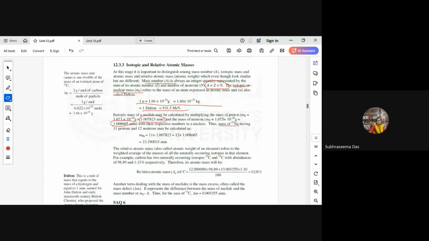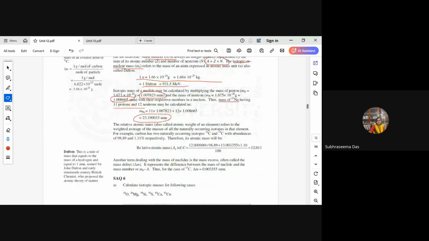Sodium 23 contains 11 protons and 12 neutrons. So the total mass of sodium can be written as 11 into the mass of proton plus 12 into the mass of neutron, which gives us this AMU. This is how we calculate the MA, that is called the nuclear mass.